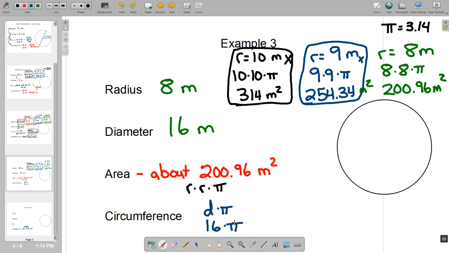We do 16 times pi, or the pi approximation, and we get about 50.24 meters. So in this problem, we were given the area. We guessed the radius until we were able to solve it, and we used that to help us find the rest of the answers. Let's do one more.